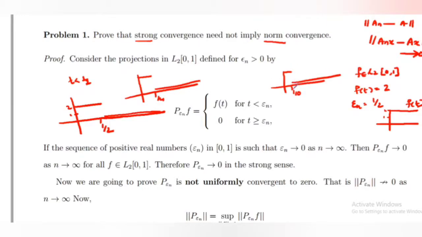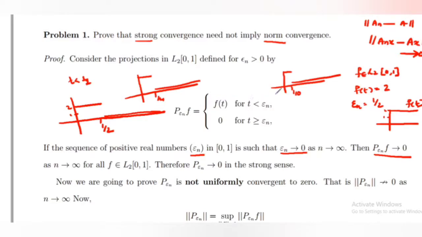So if epsilon n reaches 0, then our P epsilon n f actually tends to 0. So if the sequence of positive real numbers epsilon n in the closed interval [0,1] is such that epsilon n tends to 0 as n tends to infinity, then P epsilon n f tends to 0. Hope this is clear.